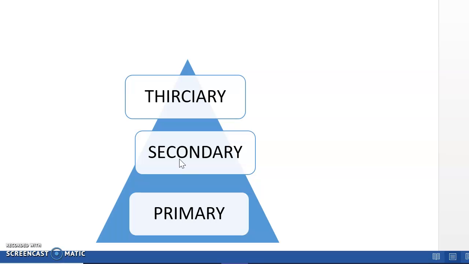Your tertiary is where your apex predators hang out. Your apex predators are the big guys that don't really get eaten by much. There's not much going on up here because they're at the top of their food chain. So you've got like wolves and coyotes that don't get eaten by much, or bears, some birds that scavenge for their food also can hang out here.